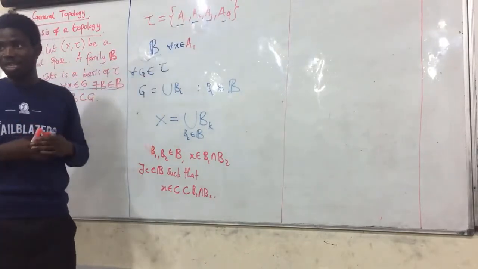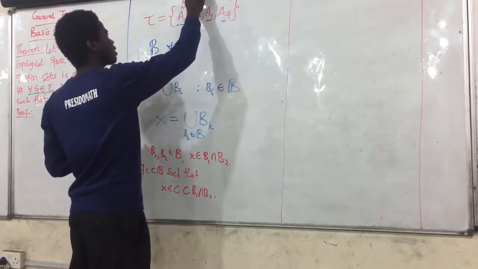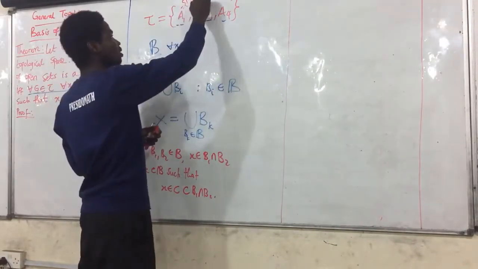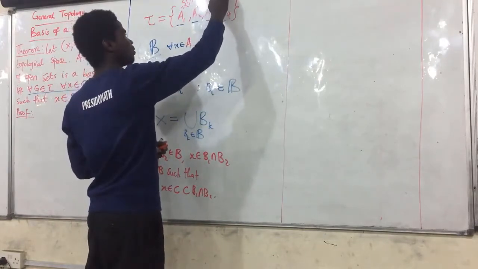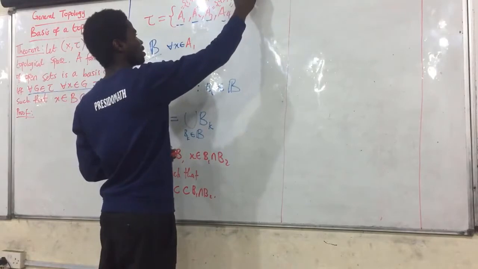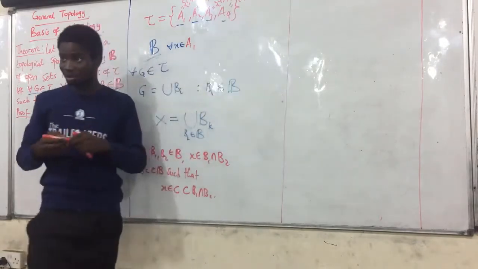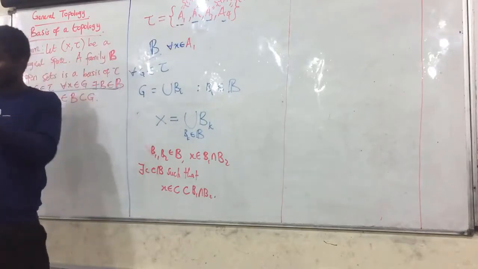Let's say A1 is 1, 2, 3. A2 is maybe 2, 3, 4. A3 is 4, 5, 6. And A4 is maybe 5, 7, 8. You see that this A1 is also another set.